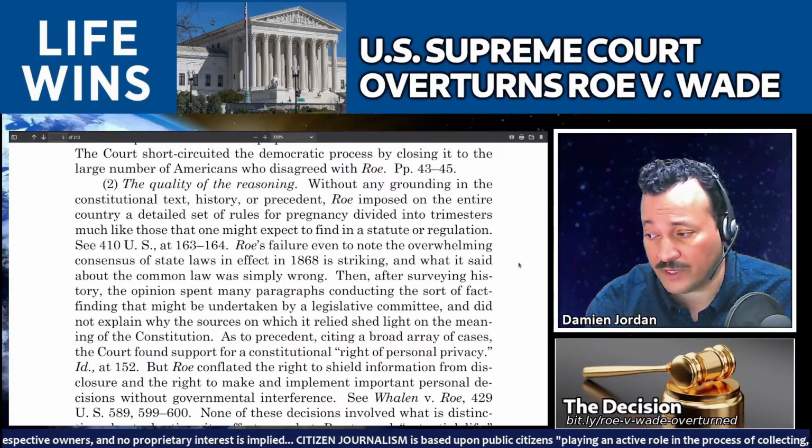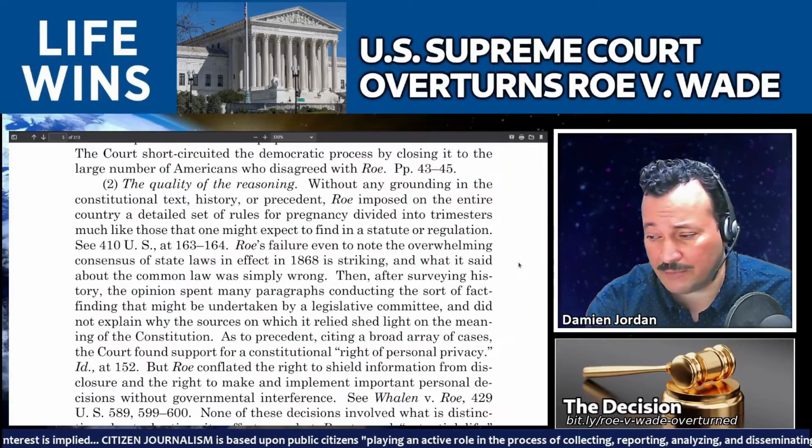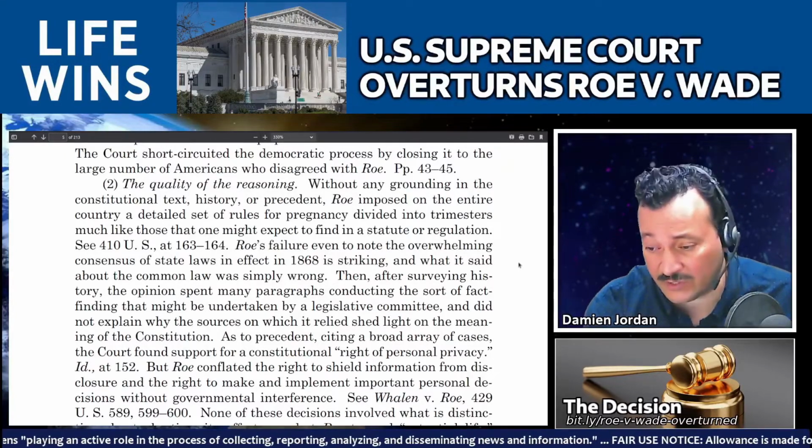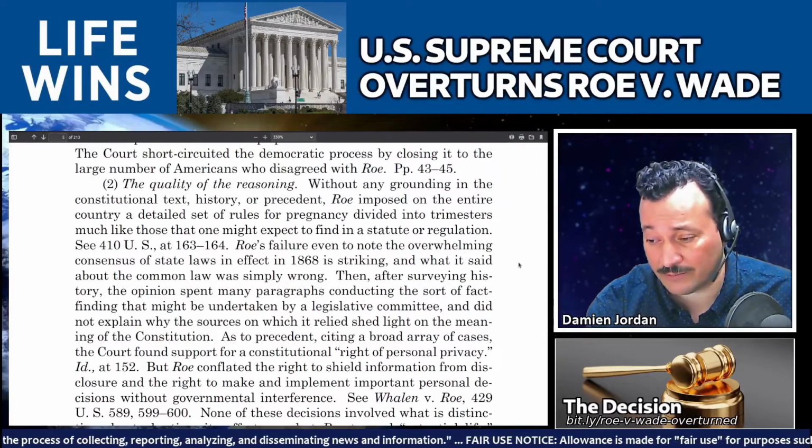Then, after surveying history, the opinion spent many paragraphs conducting the sort of fact-finding that might be undertaken by a legislative committee and did not explain why the sources on which it relied shed light on the meaning of the Constitution. As to precedent, citing a broad array of cases, the court found support for a constitutional, quote, right of personal privacy.